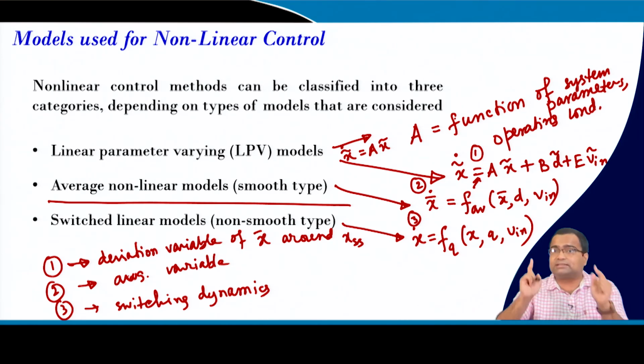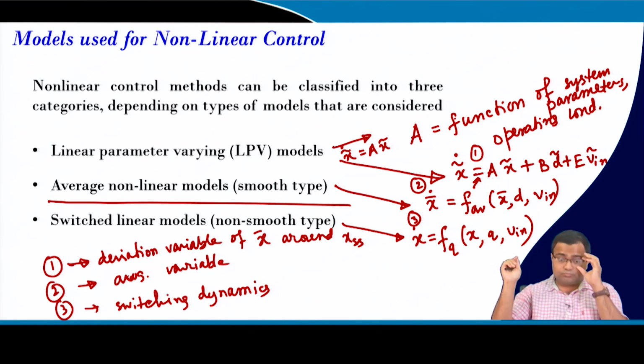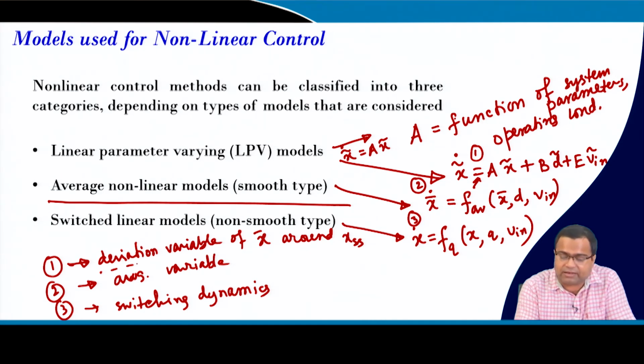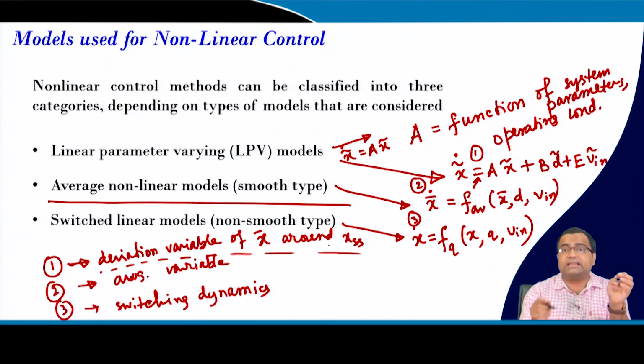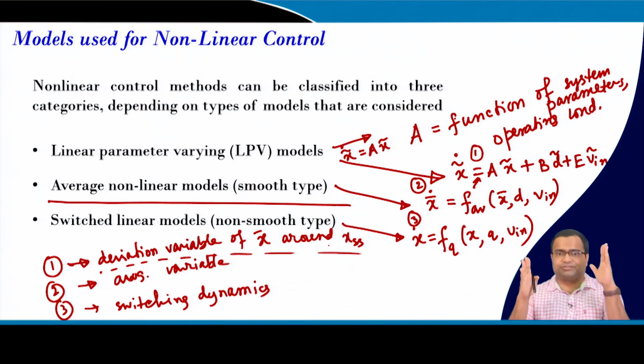But the first one is the simplest one, but it cannot capture duty ratio variation during transient. Thus, variation should be very, very small, but here we can apply our linear tools, and this is a linear parameter varying model. So, we can design a compensator using our classical linear control theory toolbox, but model limit is a concern.